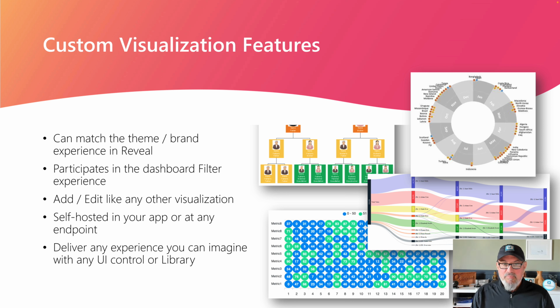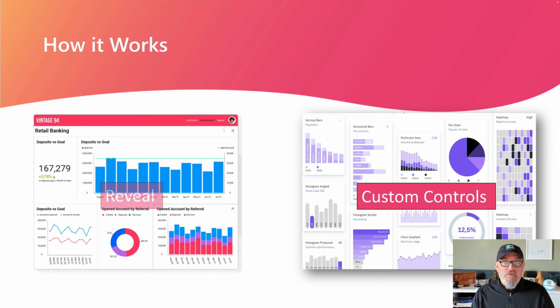So in this example, I did some searches of just custom chart types on Google, and you can see the Sankey chart's a D3 chart. The heat map looking chart is an Apex chart. The org chart is from, I think, orgchart.com. The circular chart, I'm not sure where it's from, but any one of these can be used in Reveal. We don't care, and they will work just like any other visualization.